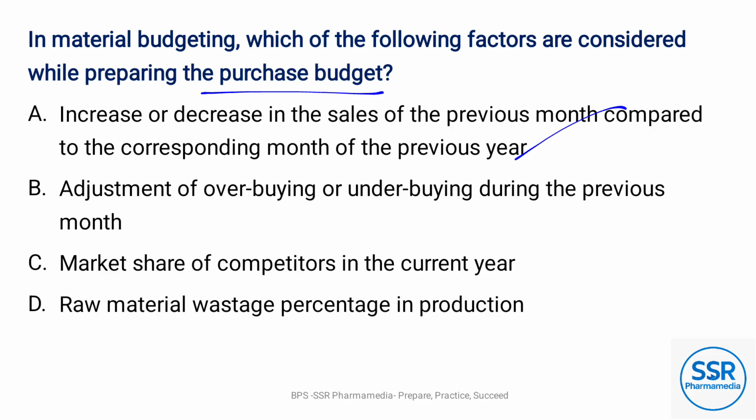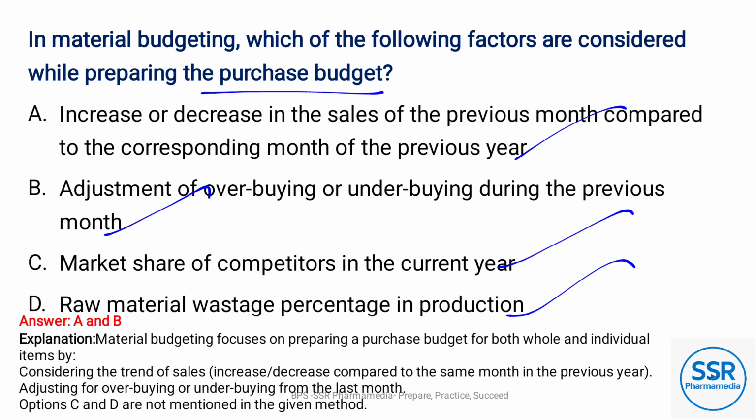Option B, adjustment of overbuying or underbuying during the previous month. Option C, market share of competitors in the current year. Option D, raw material wastage percentage in production. So the answer is option A and B. Both option A and B.